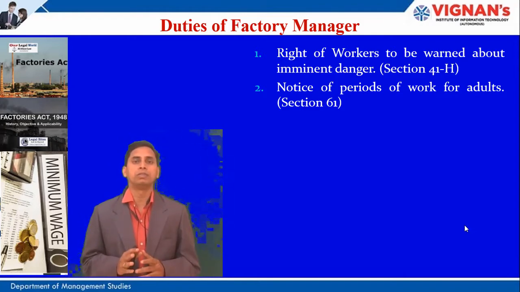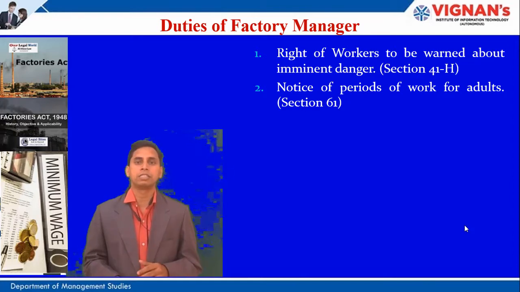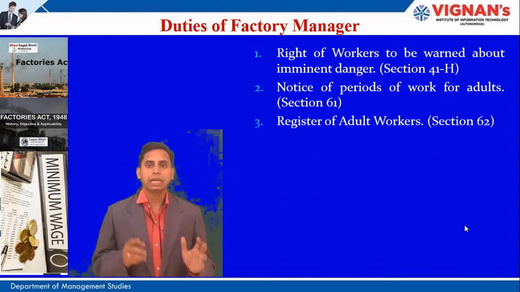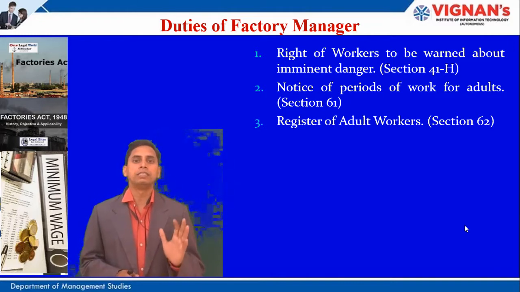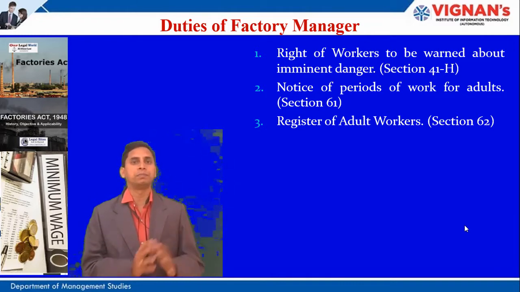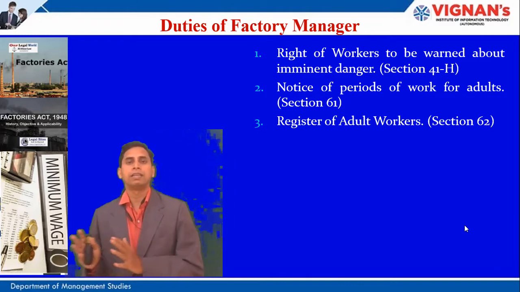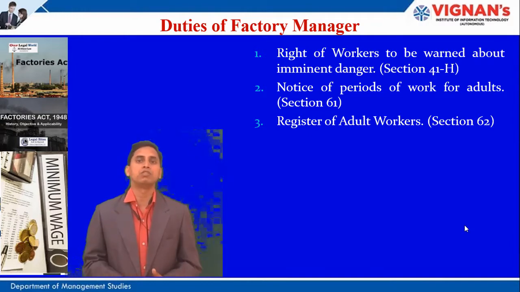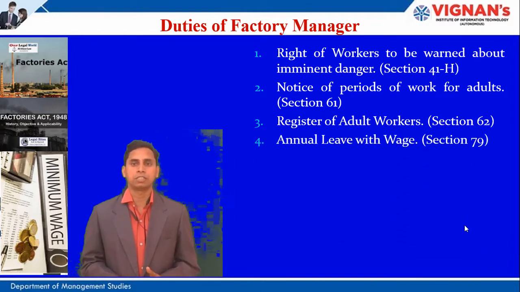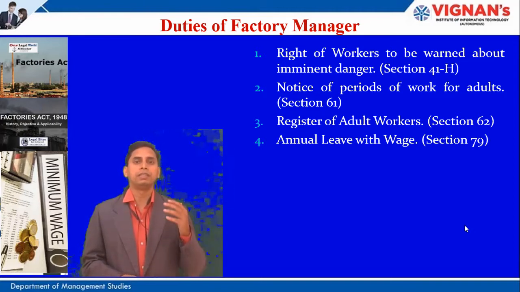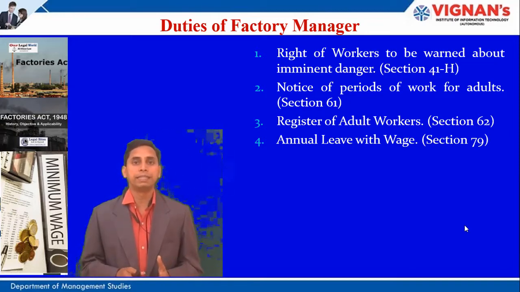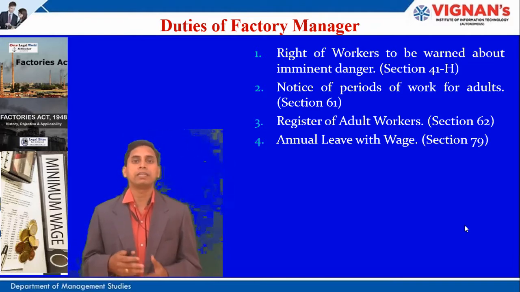Also one of the duties of the factory manager is as per section 61. And as per section 62, a register of adult workers, when they reported to work and when they left work, must be maintained. Annual leave with wages: every worker must be given annual leave, and that leave must be a paid leave.